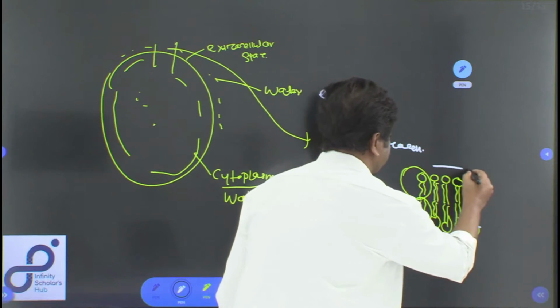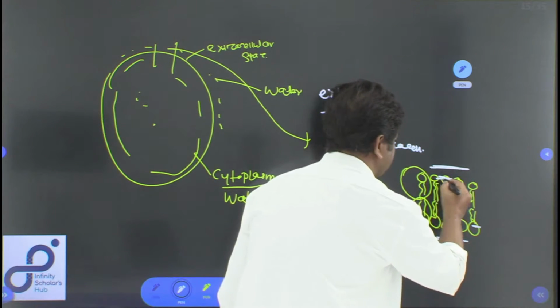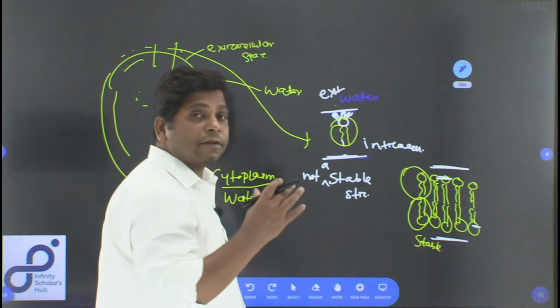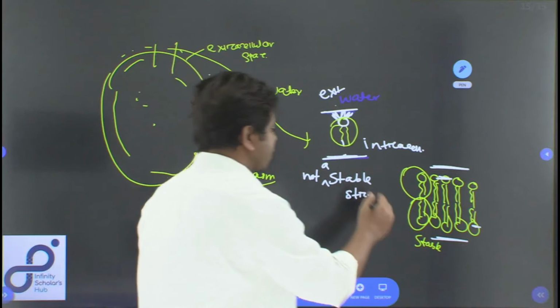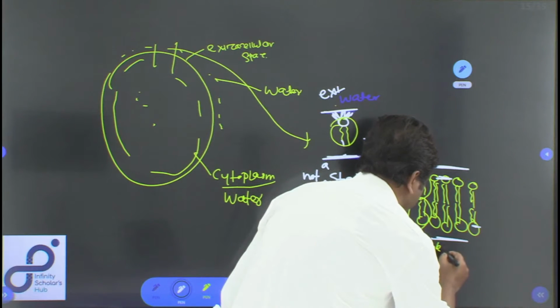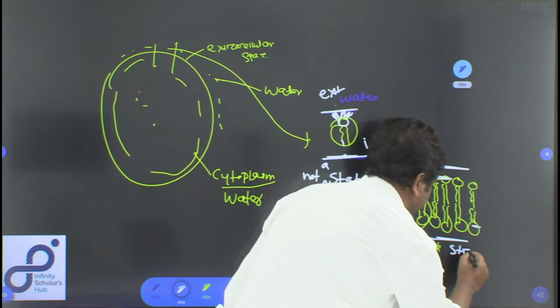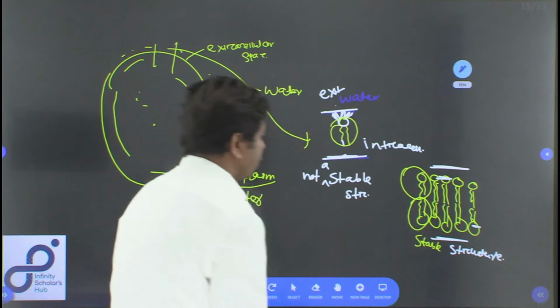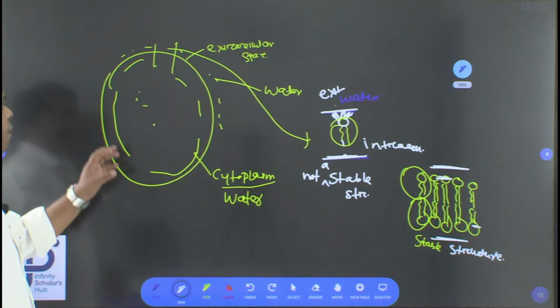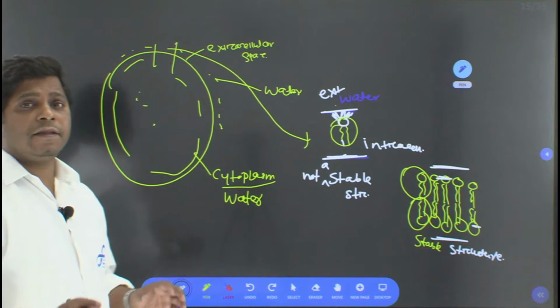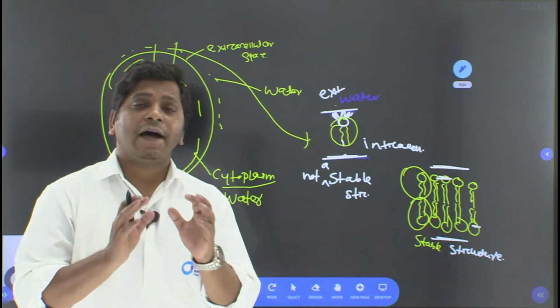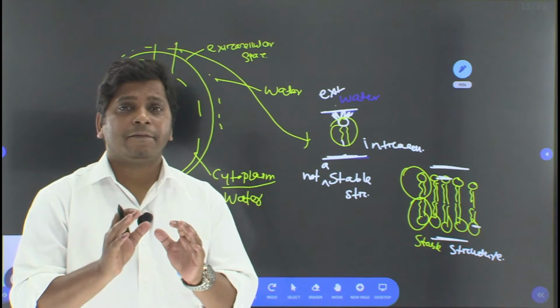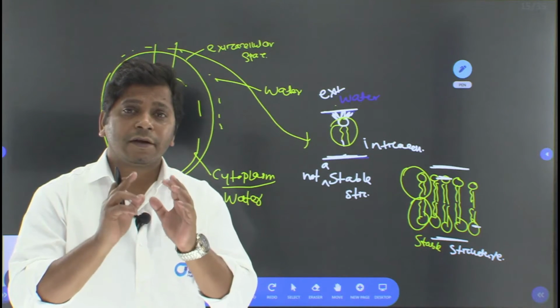And this part is the extracellular part, which is hydrophilic, so the interaction is going to be stable. So this kind of arrangement of phospholipids will bring stability to the structure. Clear? Therefore the phospholipids in the plasma membrane are arranged in a bilayer format. Hope this is clear to you.